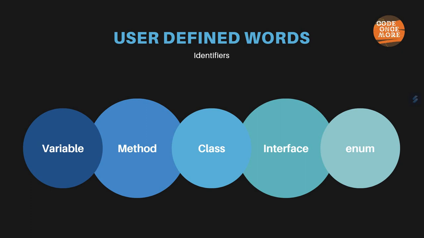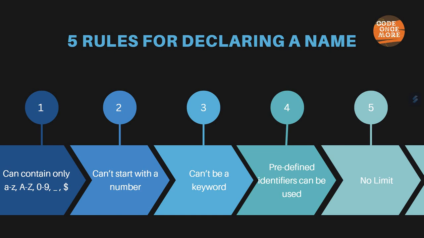There are certain rules to give the identifier name, variable name or method name. There are five rules for declaring a name for a variable, class, method, or any of them.